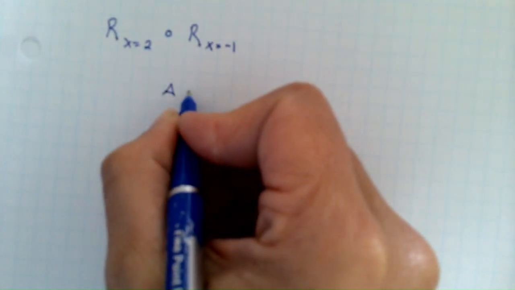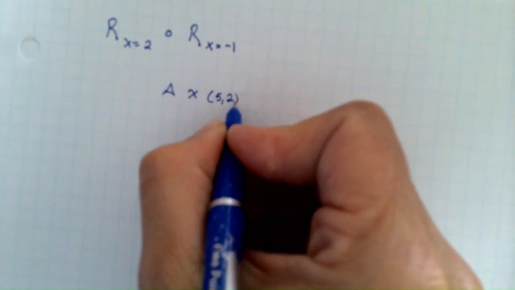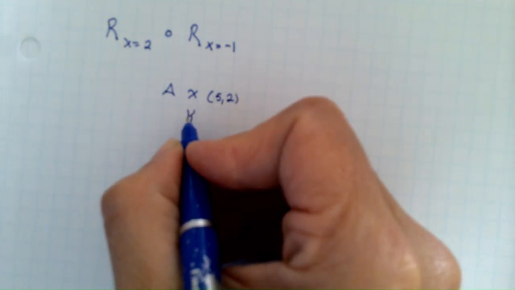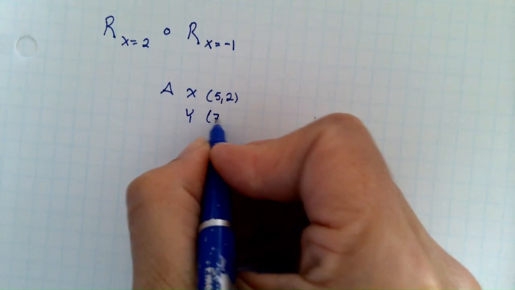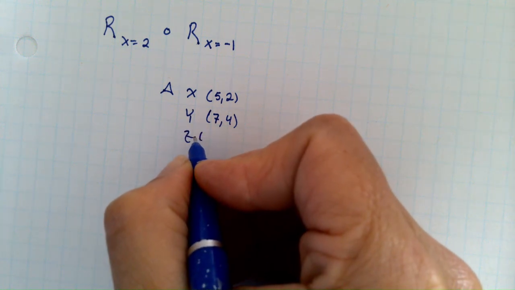Our triangle is going to have an x position of 5, 2, a y at 7, 4, and a z at 8, 3.